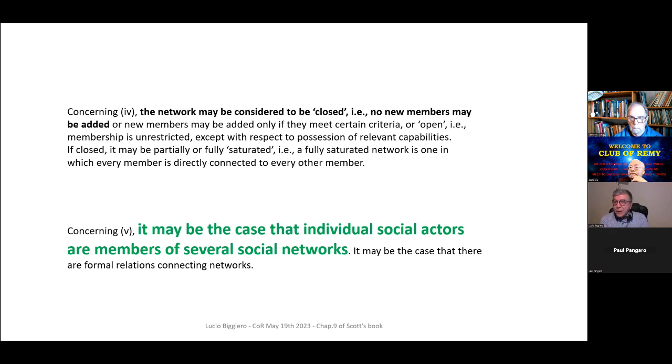It is totally unrealistic, just because people belonging to, let's say, a university can at the same time belong to a political party, to a trade union, to another club, to so many different social systems.